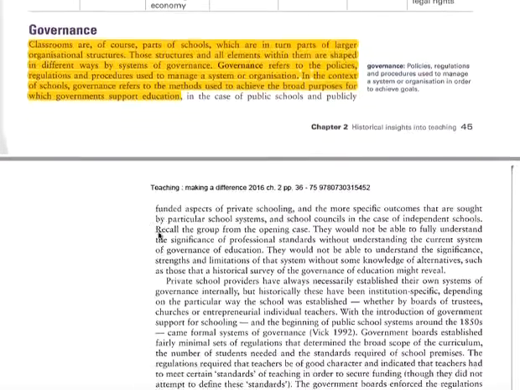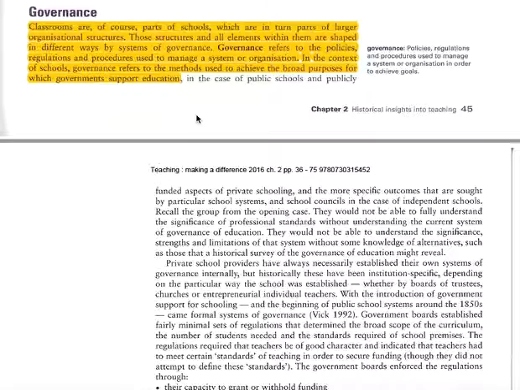So we move over to governance, of which I'm very focused in my own theoretical work and research. I think you cannot separate governance from schooling and education more generally.